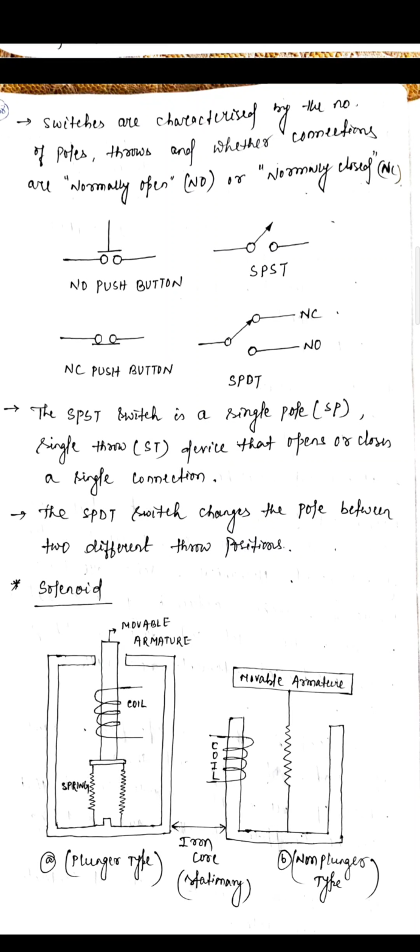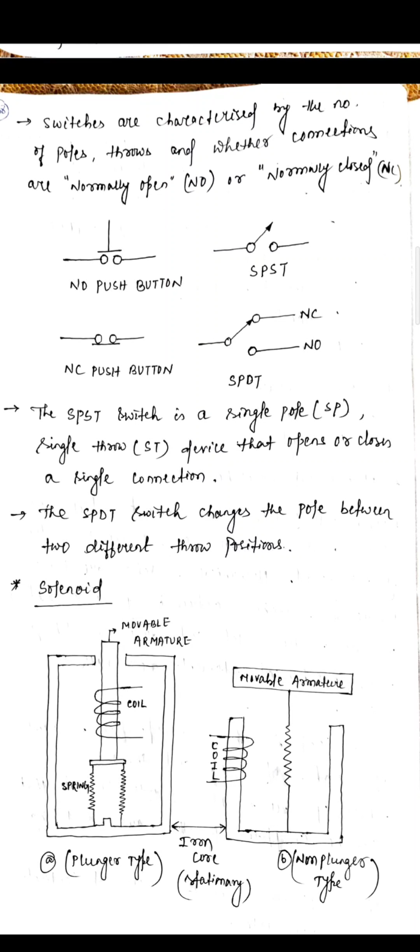So switches are characterized by the number of poles, number of throws, and whether connections are normally open, that is NO connection, or normally closed, that is NC connection. You can see the figure. It is a NO push button, and SPST means single pole single throw.